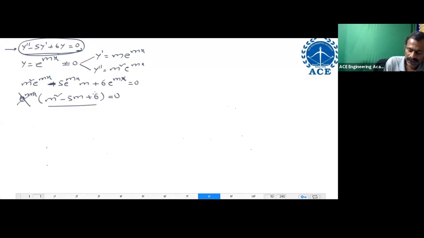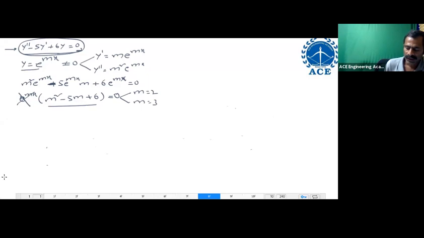This equal to 0 is a quadratic equation. It gives two values, m equal to 2 and m equal to 3. These are the roots of the equation. Here we have taken y equal to e power mx as a solution with unknown coefficient m, and for that unknown coefficient, we got two values, 2 and 3.